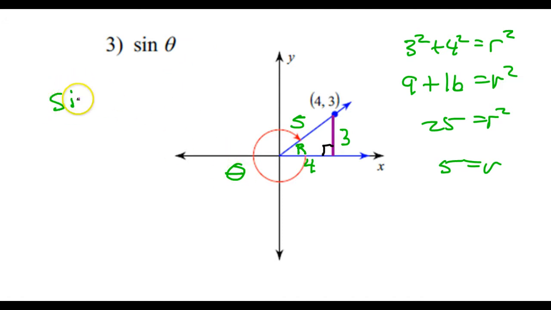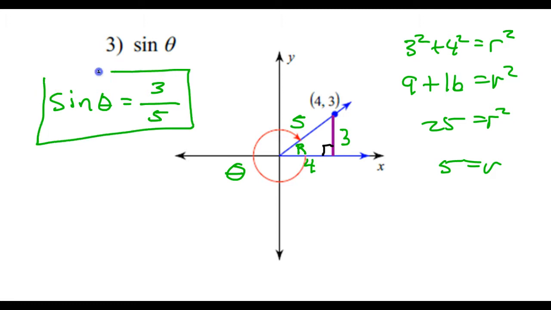It will still give us the value of sine theta, even though we're using the reference angle, as long as we're actually using any negatives that appear. So, from the perspective of the reference angle, sine would be opposite over hypotenuse, so that would be 3 over 5. So, that's going to be the answer to this question: 3/5.